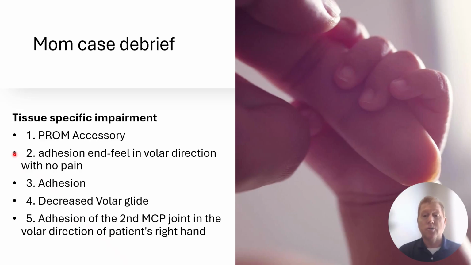So they're unable to grip, which would be flexion activity of the hand. And so this is making sense. Now we have an adhesion in the volar direction, which would limit flexion. We have an adhesion, it's decreased glide. Therefore, our tissue-specific impairment here is adhesion of the MCP joint in the volar direction of the right hand, and specifically the second MCP.